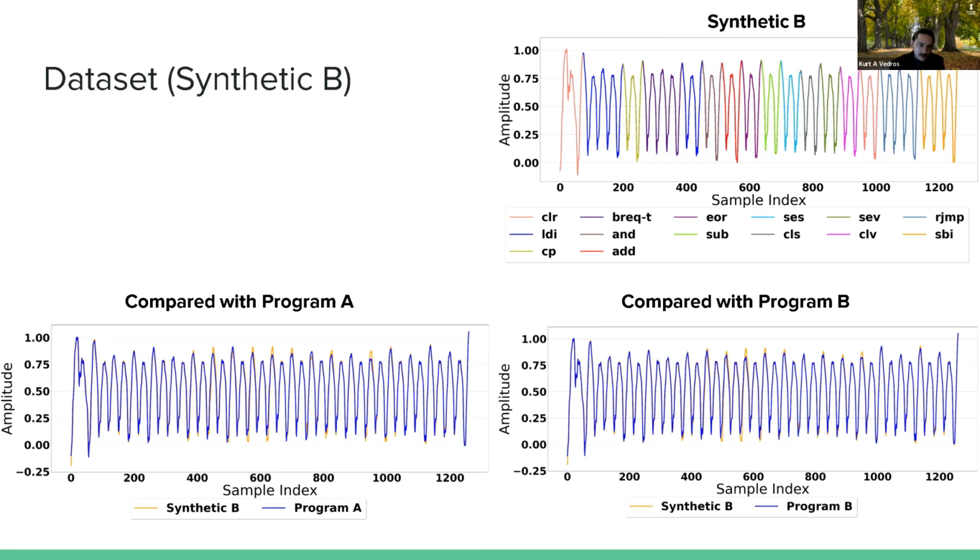To the top right is the electromagnetic signal of the synthetically generated version of program B, which we call synthetic B. To the bottom is a comparison of the electromagnetic observations for program A with synthetic B to the left and program B with synthetic B to the right.